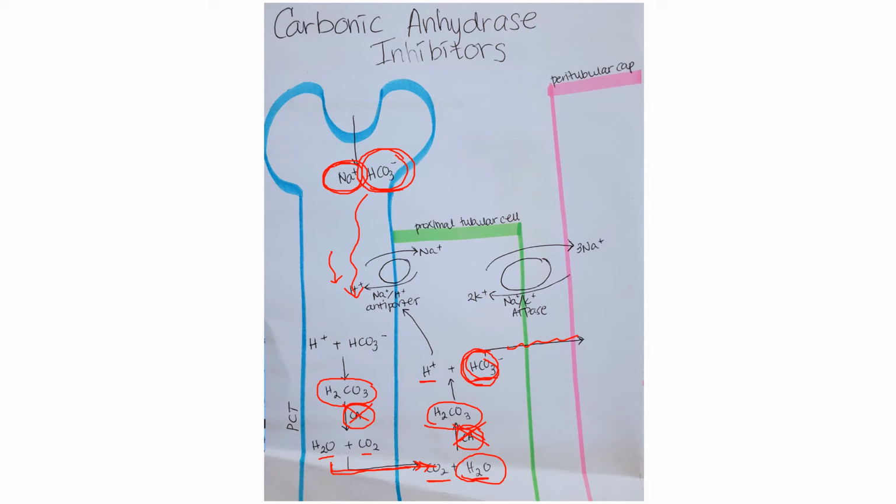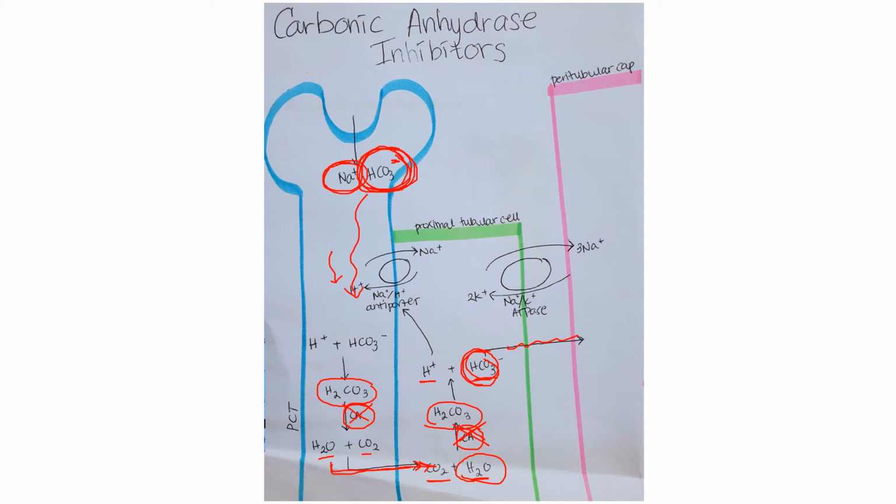So remember when I said we are in a state of metabolic acidosis because we're not reabsorbing our bicarb, we're just excreting our bicarb out. So this metabolic acidosis will actually trigger a compensatory mechanism. Usually our body's way of correcting acidosis is by retaining basic ions such as bicarb, so ions with a negative charge, to neutralize the acids.